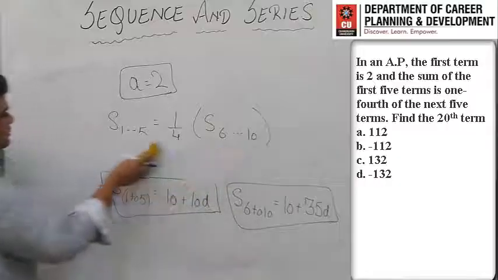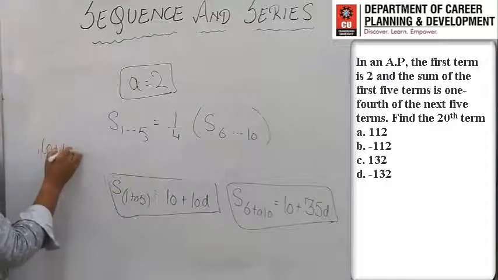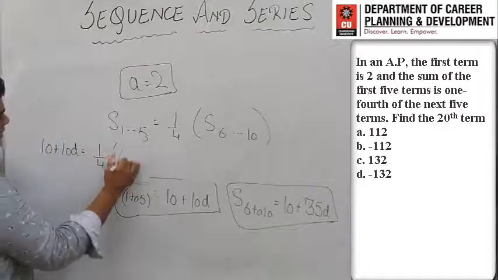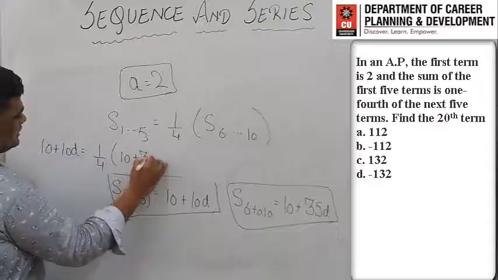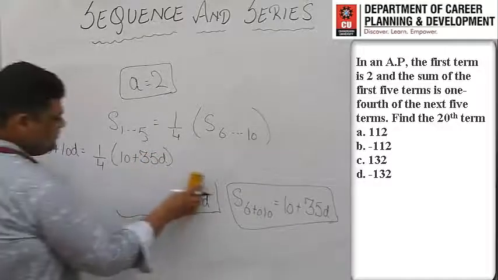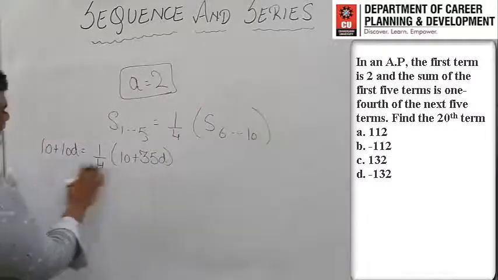So 10 plus 10d is equal to 1 by 4 of 10 plus 35d. I am equating these values as given.